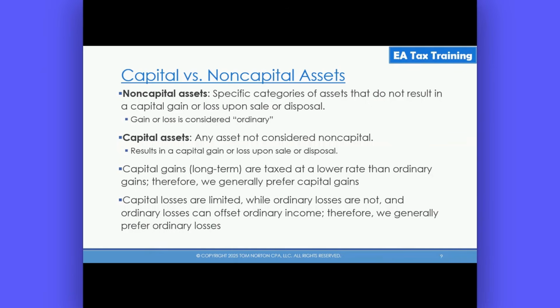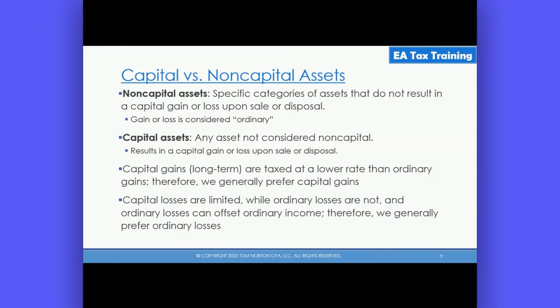And capital gains, or something called long-term capital gains, are taxed at favorable capital gains tax rates. They are lower tax rates than ordinary tax rates. And because of that, we usually, as taxpayers, would like to have capital gains because capital gains are taxed at lower tax rates. So taxpayers generally prefer capital gains.